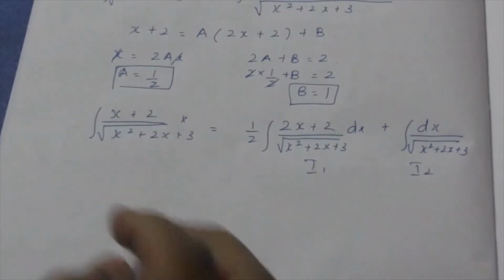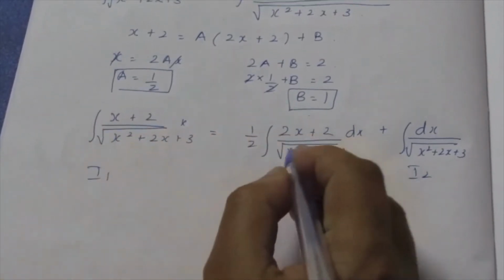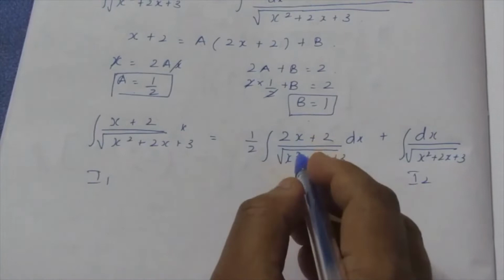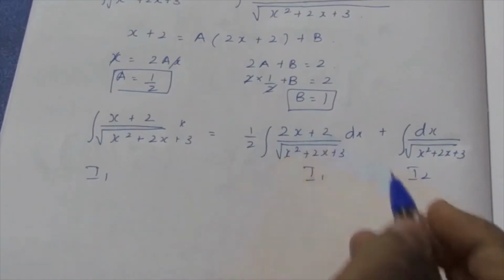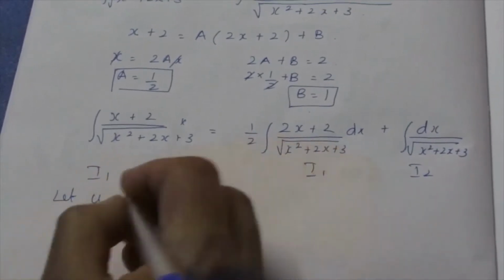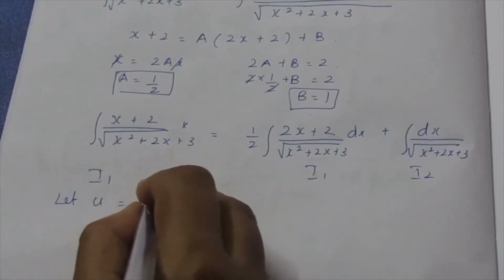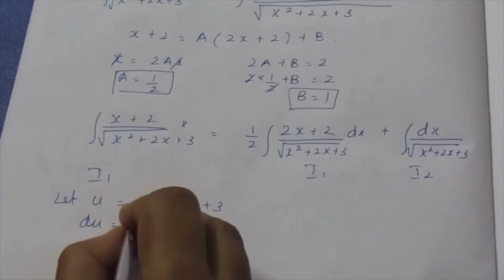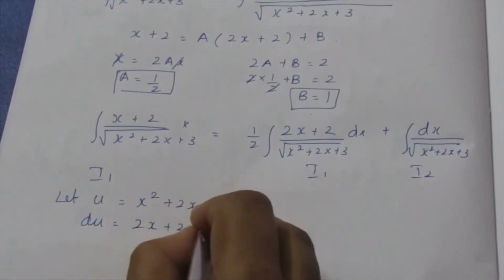So I am taking I1. We know that this is the differentiation of the denominator. It becomes 2x plus 2, which is there in the numerator, which means I can take u is equal to the denominator without the root. So it becomes x square plus 2x plus 3. Now du is equal to 2x plus 2 dx.